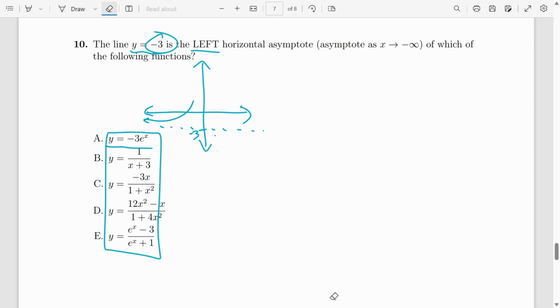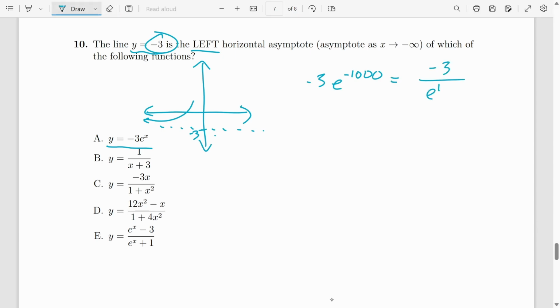Let's start off with the first one. Y equals negative 3 times e to the x, so negative 3 times e to the negative 1,000. This is e to a negative number, which just equals negative 3 over e to the positive 1,000 on the bottom, and that'll be basically 0, right?